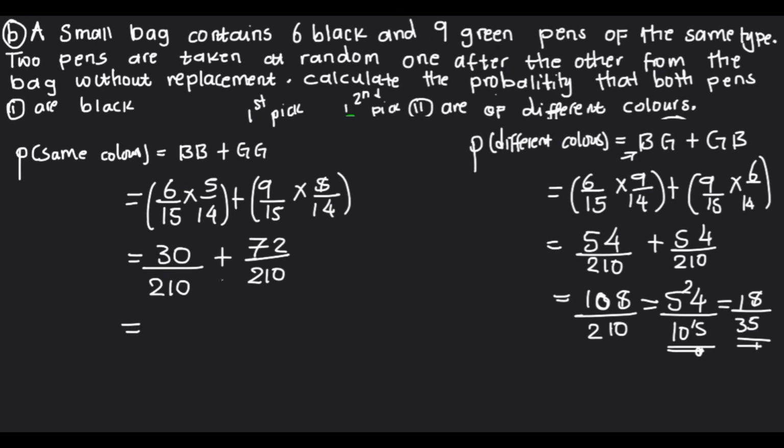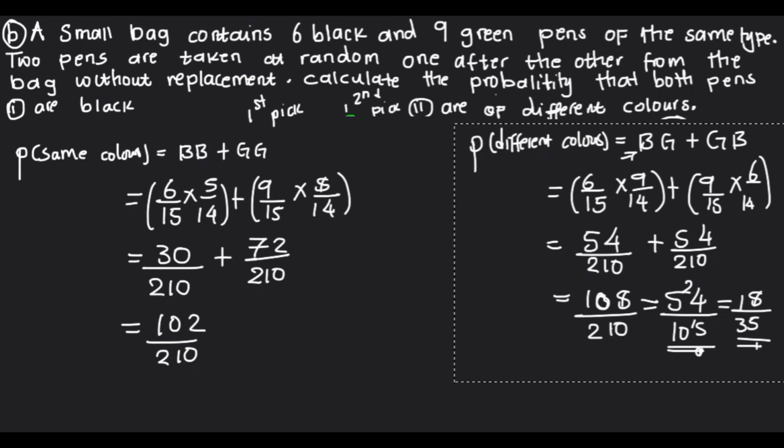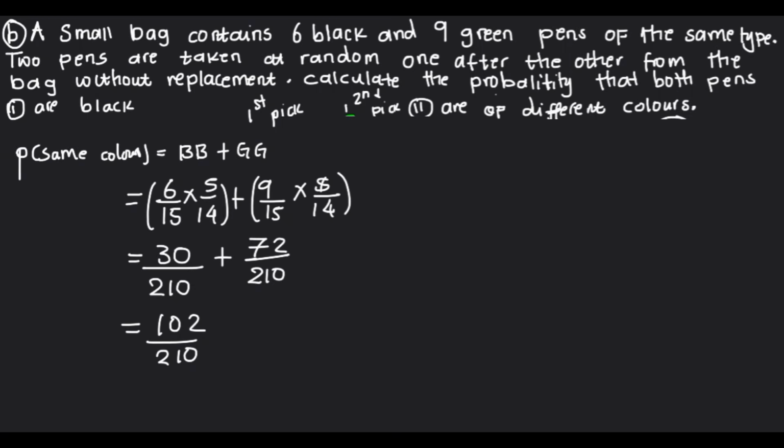So 72 plus 30 is 102 over 210. So this is the probability of picking 2 pens of the same color. So what we can do now is subtract this from 1. So we can subtract that from 1, then it will be good to go.